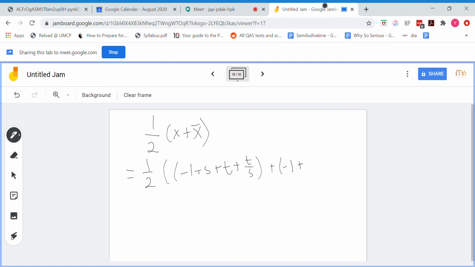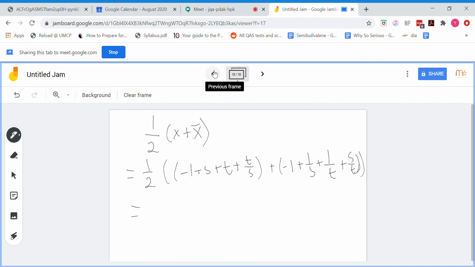Conjugate of S is equal to 1 over S. Conjugate of T is equal to 1 over T. Conjugate of T over S is S over T. So we find that this is constant, right?